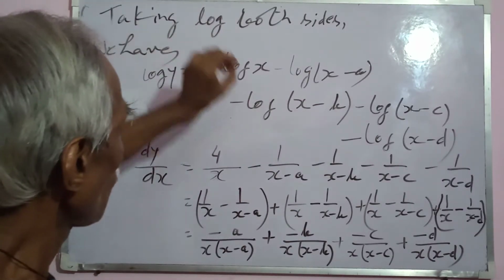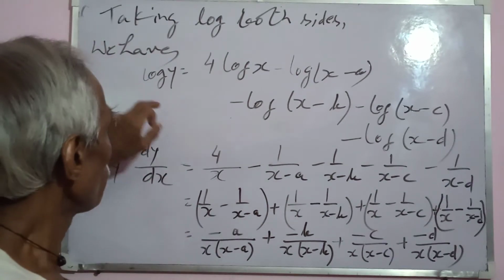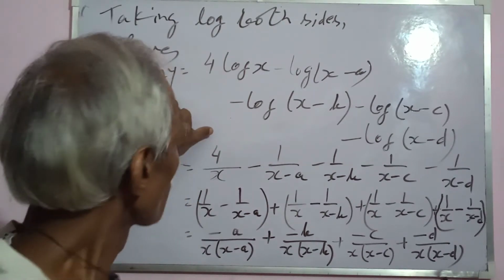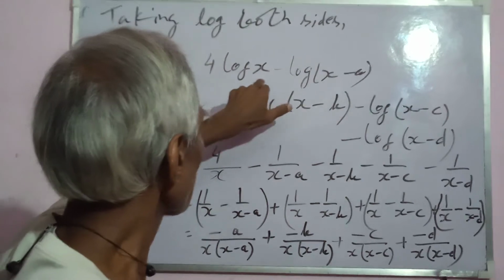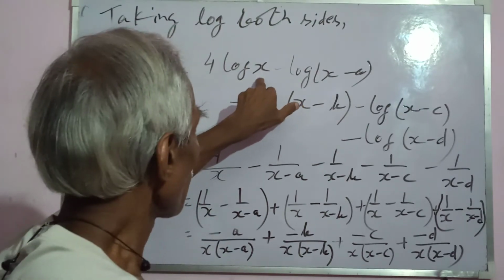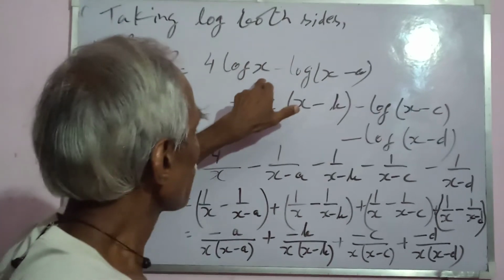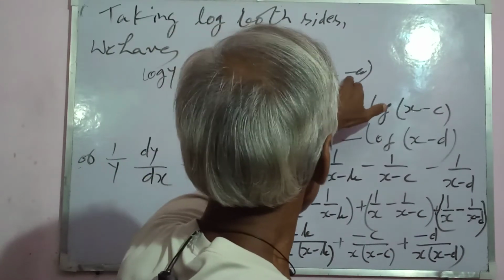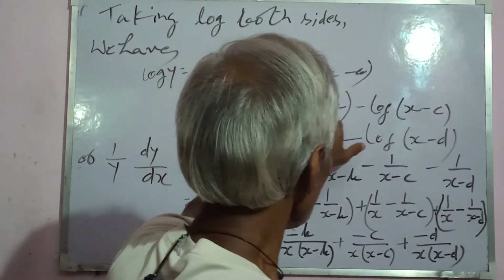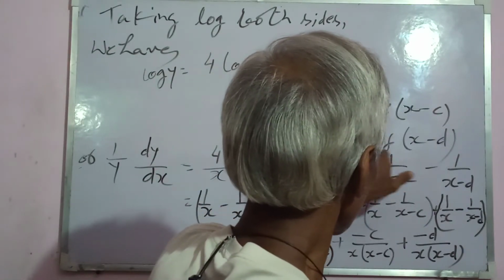Now taking log both sides, we have log y is equal to 4 log x, because it was x power 4. So after taking log, it will be 4 log x. Similarly, minus log (x minus a), minus log (x minus b), minus log (x minus c), and minus log (x minus d).